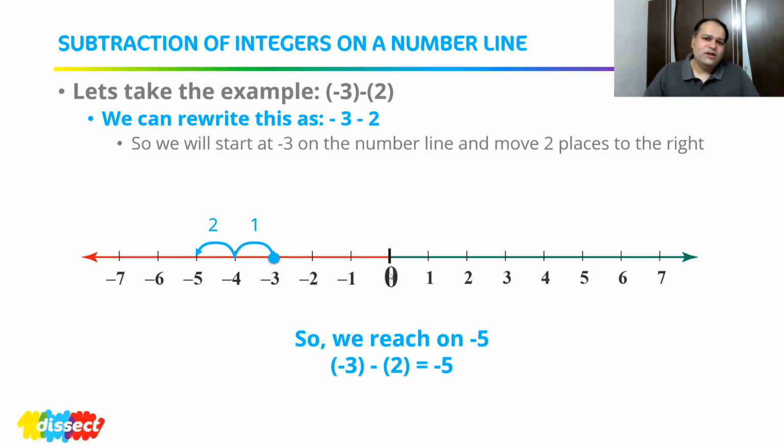So this is how you can use the number line for additions and subtractions. This is very easy and very intuitive to use for smaller numbers. For larger numbers, when you reach the next level, we'll use some other ways to solve those questions.